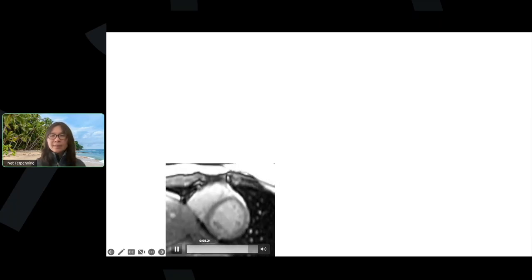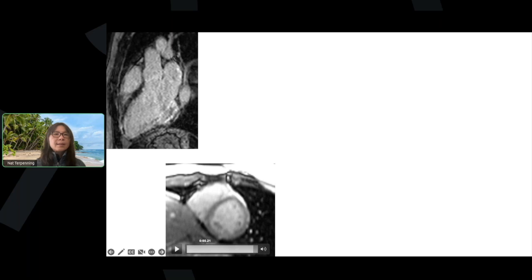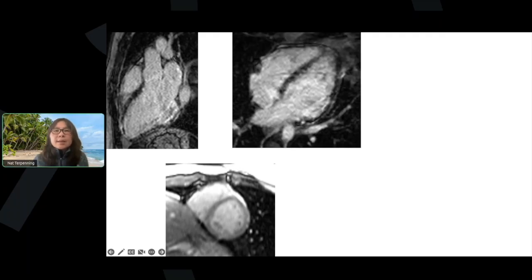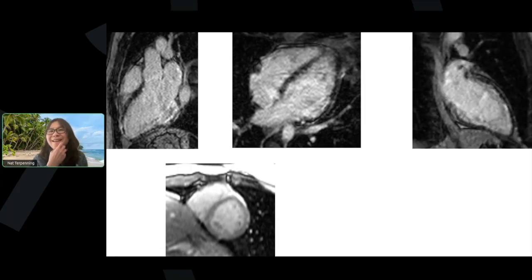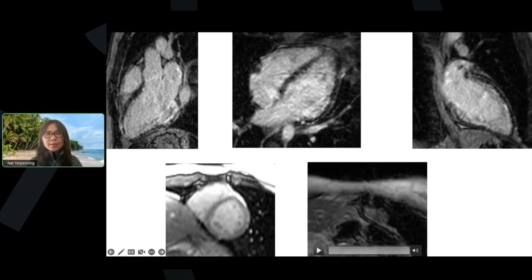And then this is a cool case. This is 2 years ago. I remember this one. And this is the 3 chamber. This is the 4 chamber. This is the 2 chamber. And this is my chart.